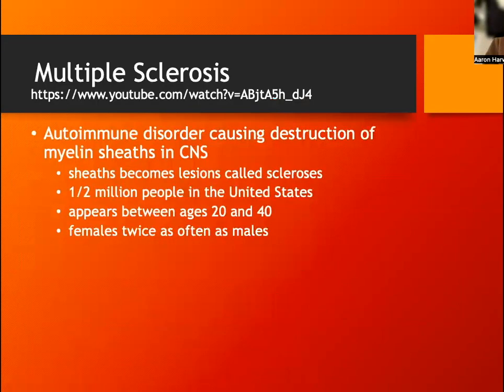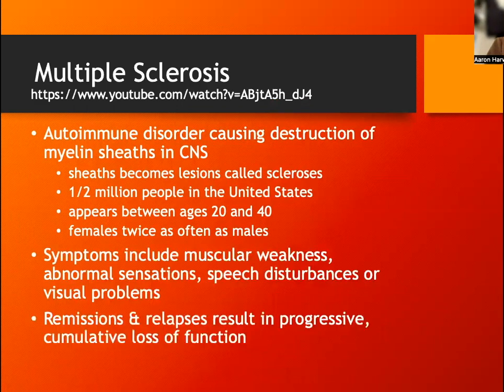And then finishing off here, we've got a few conditions to talk over. So multiple sclerosis, or MS, is an autoimmune disorder caused by the destruction of the myelin sheaths in the central nervous system. These sheaths become lesions that are called scleroses. There's about 500,000 people in the United States that are affected by this condition.